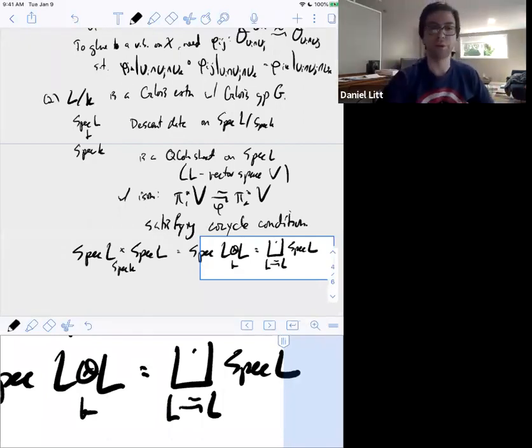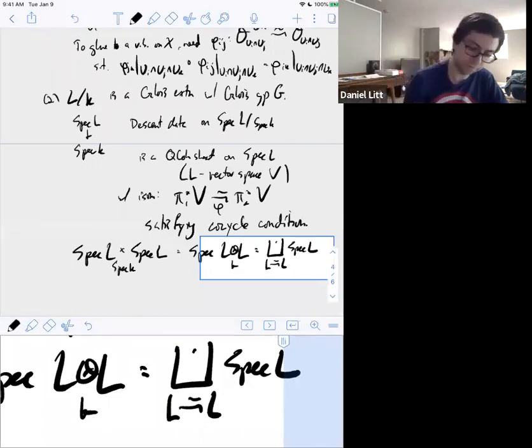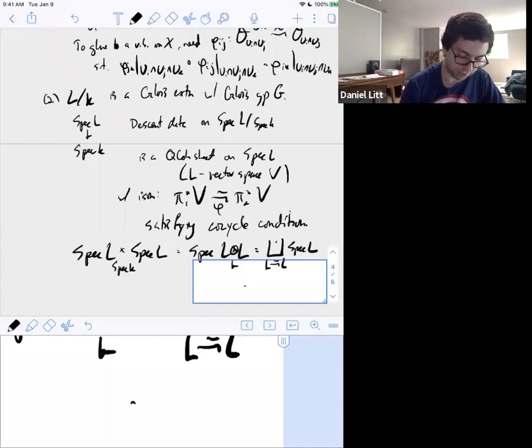It's sort of the Galois group many copies of spec L. So what I would say is it's a torsor for the Galois group, maybe. I mean, if you'd like, it is canonically split because there's an identity map from L to L. So maybe another way of writing it is the disjoint union over the Galois group of L over K of spec L.